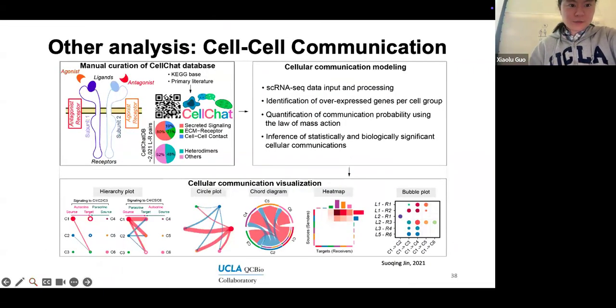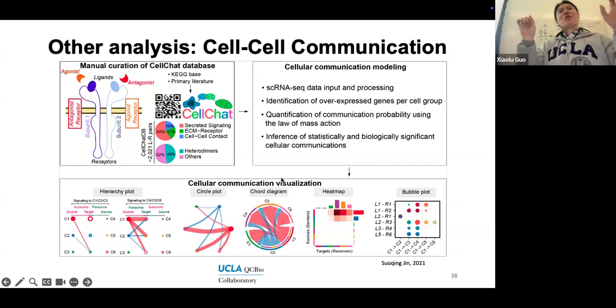for different genes. Another thing you can also do is cell-cell communication analysis. Here, you input the single cell RNA sequencing data, and then based on a library of ligand and receptor pairs, the assumption is that the ligand mRNA can infer the real ligand secreted by that cell, and the receptor mRNA can also infer the real receptor abundance on that cell.